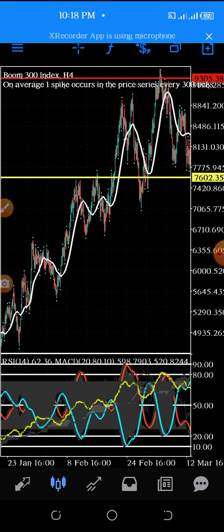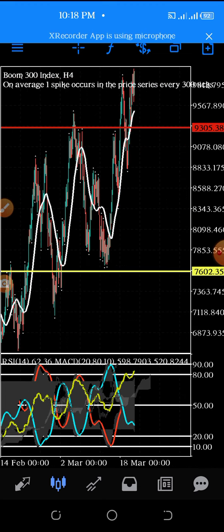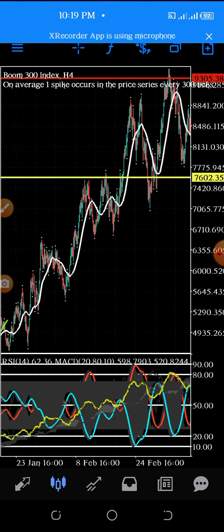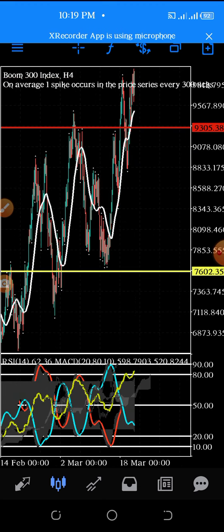Make trend your friend. Don't trade against the trend, else you'll be losing. But when you trade with the trend, you enjoy your trade. Okay, watching these support and resistance zones I have shown you in this 4 hours time frame.